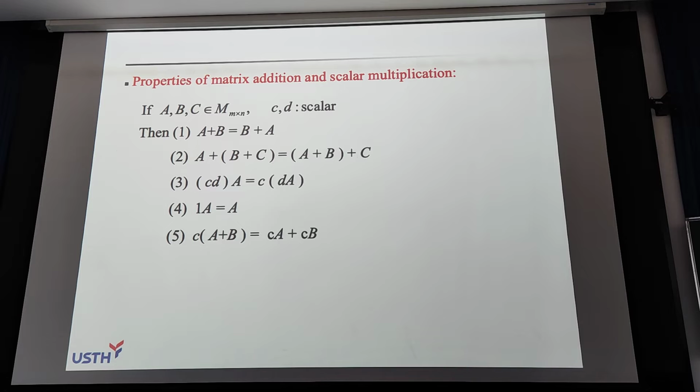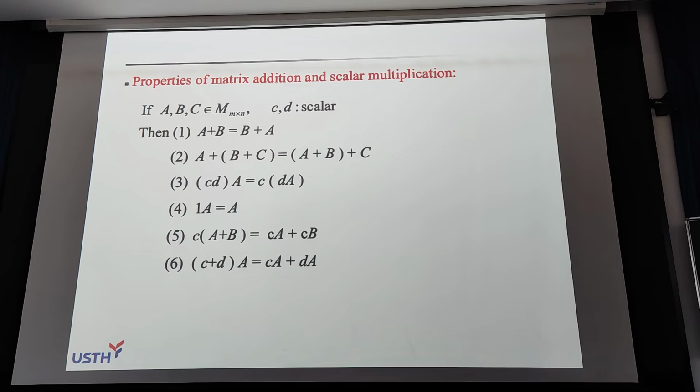Property number 5, that is if you multiply a number C by the sum of two matrices A and B, it equals C multiplied by A plus C multiplied by B. And the last one, now we exchange the roles.